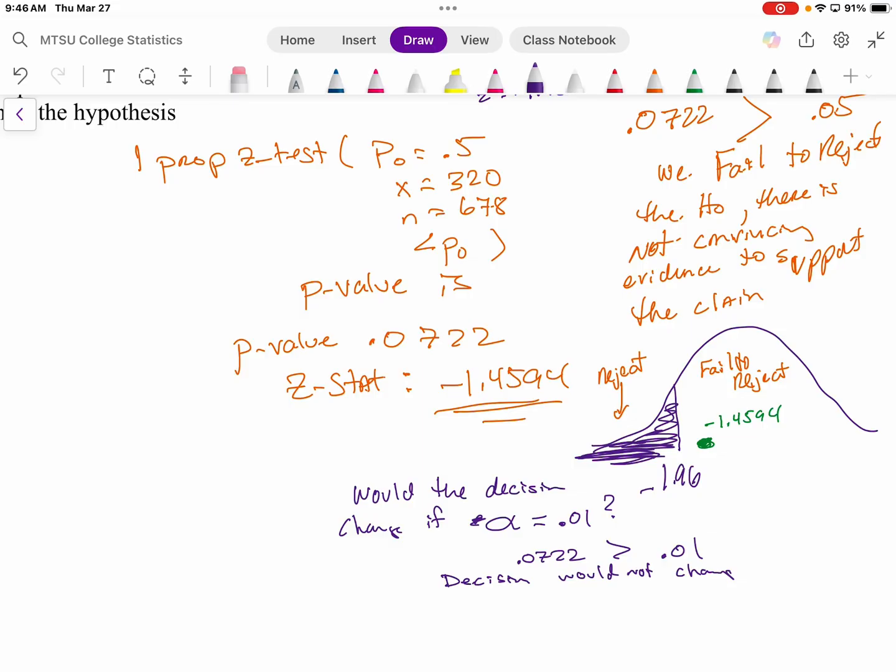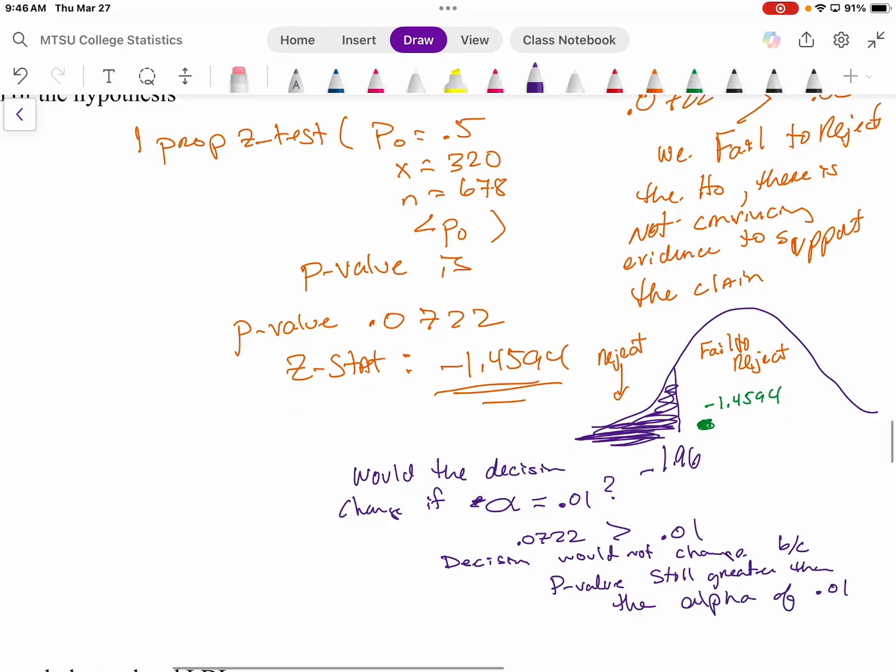Our p-value was still bigger than the alpha. So our decision would not change because the p-value is still greater than the alpha of 0.01.